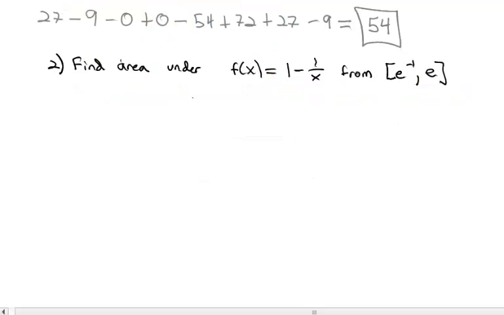First, we're going to want to graph it. You'll notice that we are going to have a vertical asymptote at 0, because if x is 0, it's undefined. You'll also notice that if we take the limit as x goes to infinity, the 1 over x goes to 0, and we have a horizontal asymptote at 1.